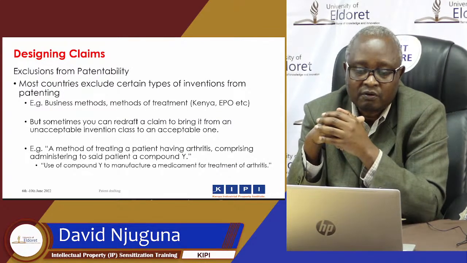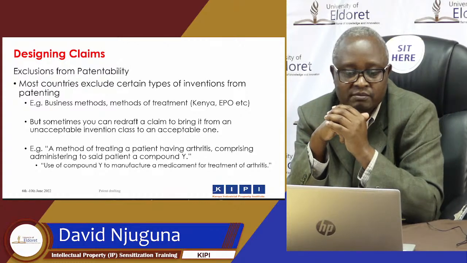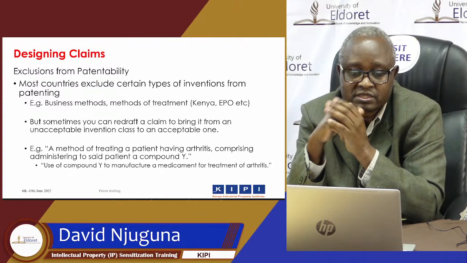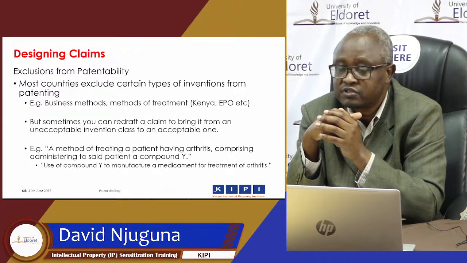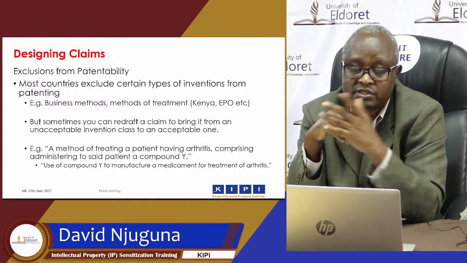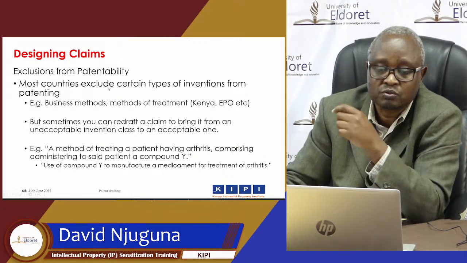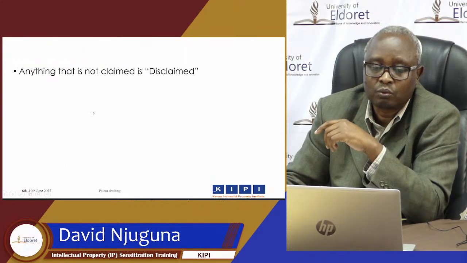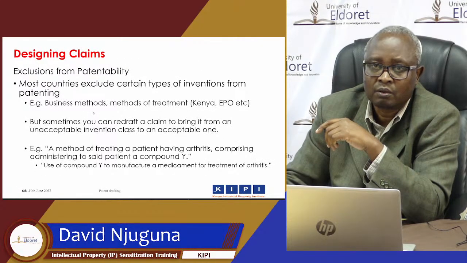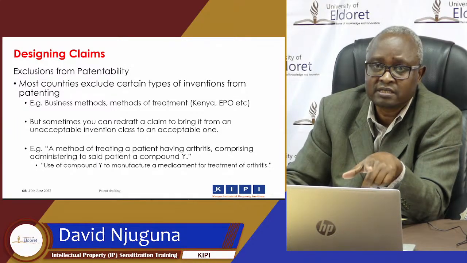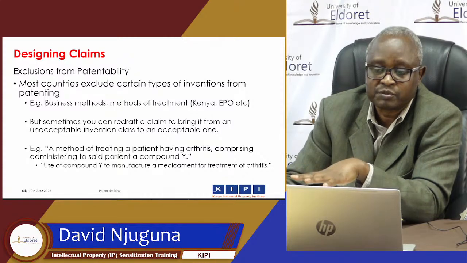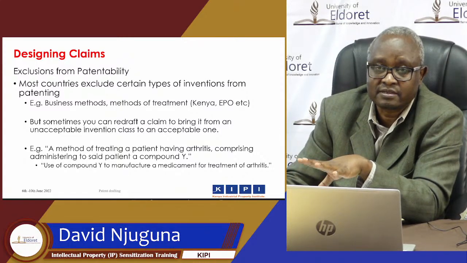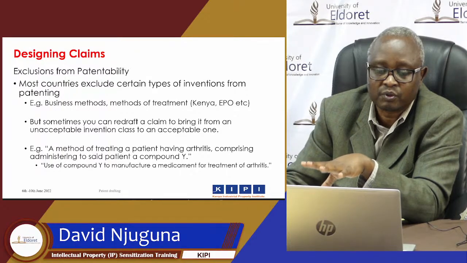A method of treating a patient having arthritis comprising administering to the said patient a compound X. Instead of that, you have use of compound Y to manufacture a medicament for treatment of arthritis. So it's a use claim, which is allowed as opposed to the method. Because when you claim the method, you are targeting the doctor or the pharmacist who is going to prescribe and dispense that compound or product.